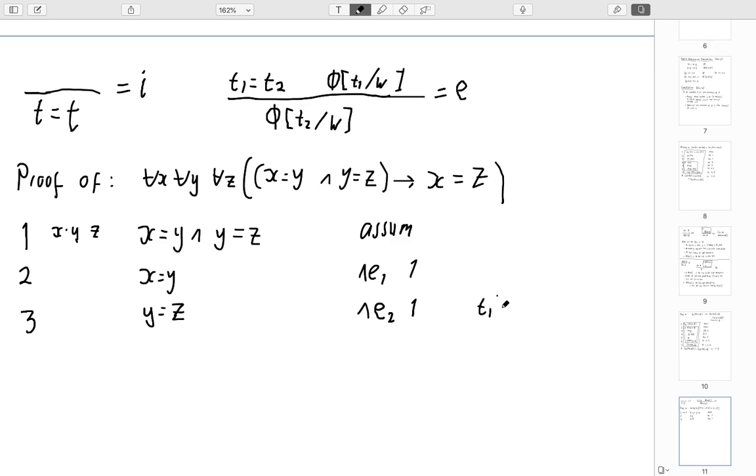So t1 is, this is not a formula, this is just saying that the term t1 is, so I'm using this equivalent symbol to make that clear, that t1 is y, t2 is z, and phi is going to be the formula x equals w.